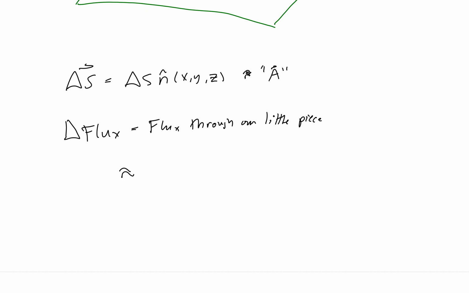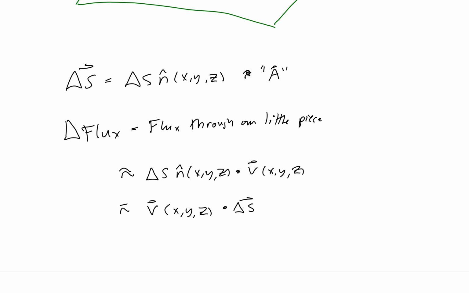So this is going to be delta S n hat of x, y, z dotted with my velocity vector there, which we can also write, of course the order doesn't matter here, as v dotted with delta S. That gives me my approximation for the flux through that little tiny piece of surface.